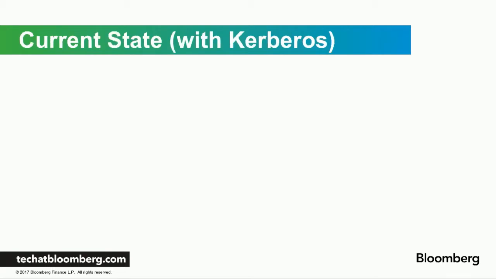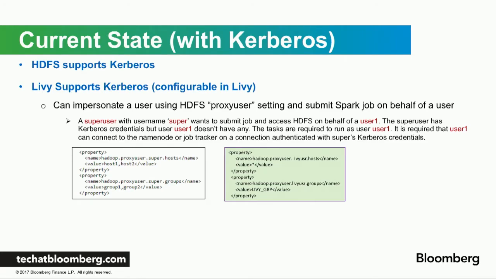Now, what we are going to look at is how it looks if I introduce Kerberos into the Jupyter Spark notebook stack we have just seen. Today, we have HDFS that supports Kerberos. We also have Livy that does support Kerberos too. One thing to highlight, because it's going to be very important for the rest of the presentation, is the concept of proxy users supported by Hadoop services, which is not something new.